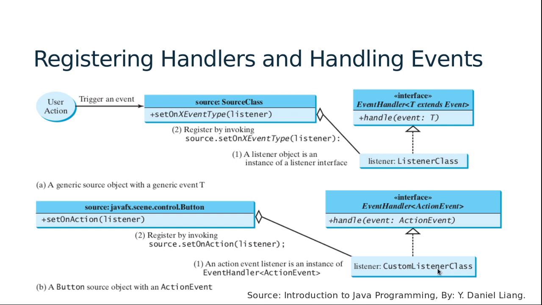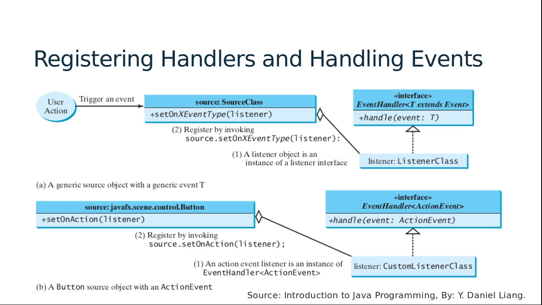That custom listener class actually extends the event handler class, because this needs to be of type event handler. So this is the flow. Actually we will implement this code and then you will be much clearer about this.